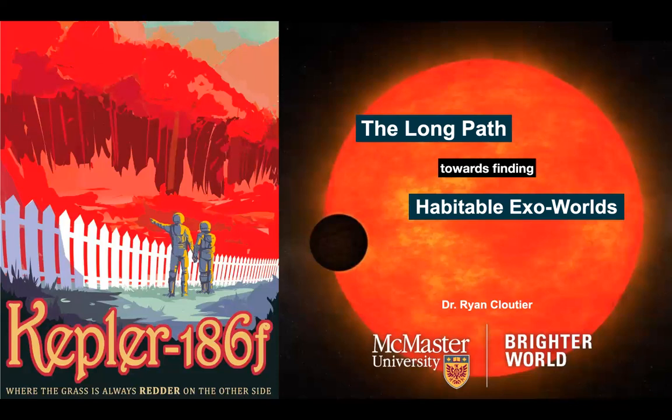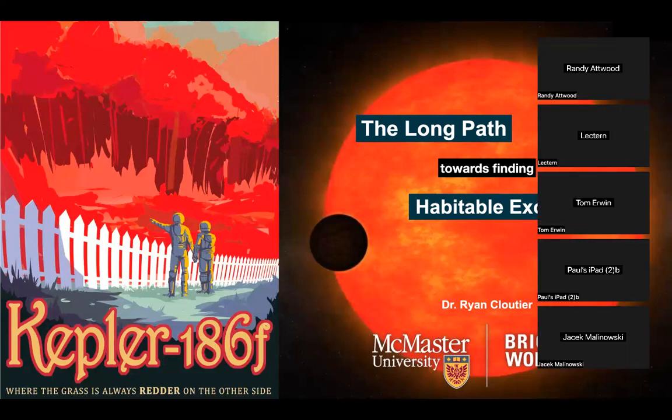So it's my pleasure to introduce Dr. Ryan Cloutier. Dr. Cloutier is an assistant professor in the Department of Physics and Astronomy at McMaster University in Hamilton. His research focuses on the detection and characterization of the galaxy's most common planets around its most common stars.